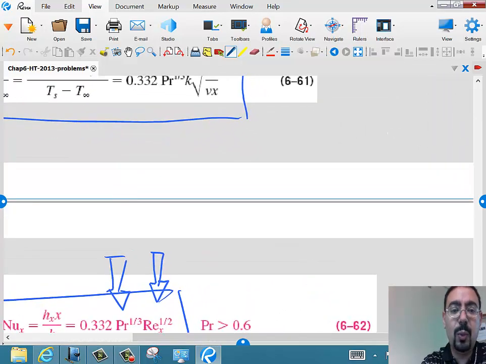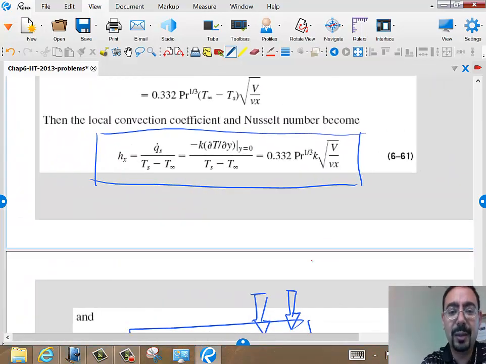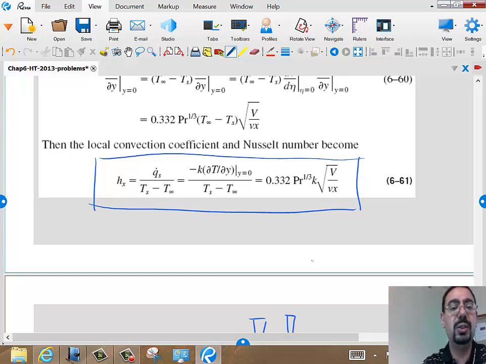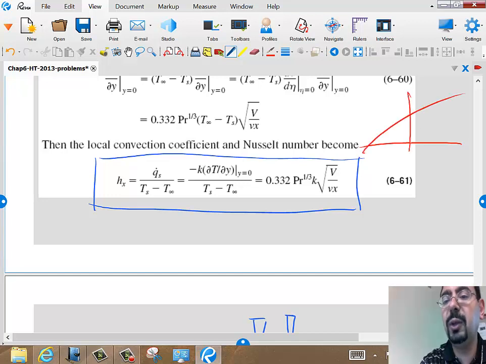And once he gets the temperature profile, now he can do his dream, right? And do the partial T, partial y at y equals 0. And again, that temperature profile that I'm going to give you in a second is not going to be the same everywhere. It's going to be a function of x. It's different from the start till the end.